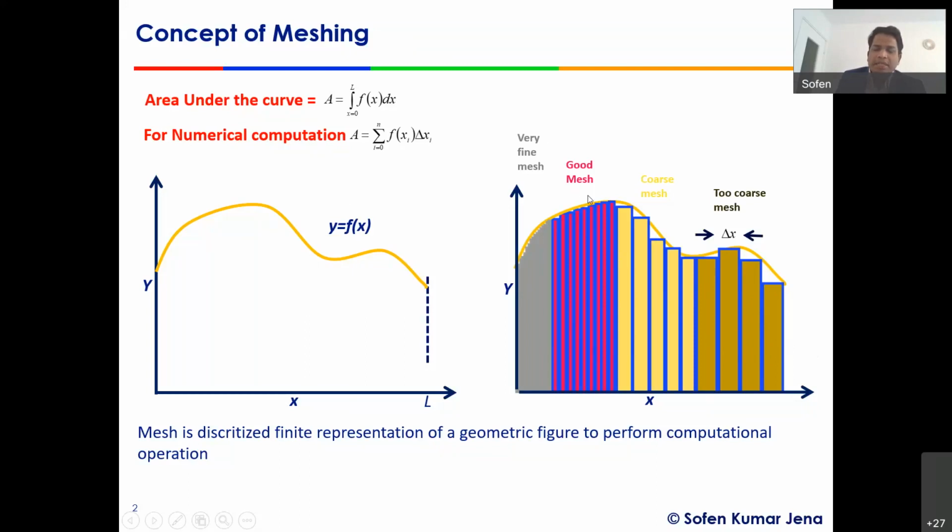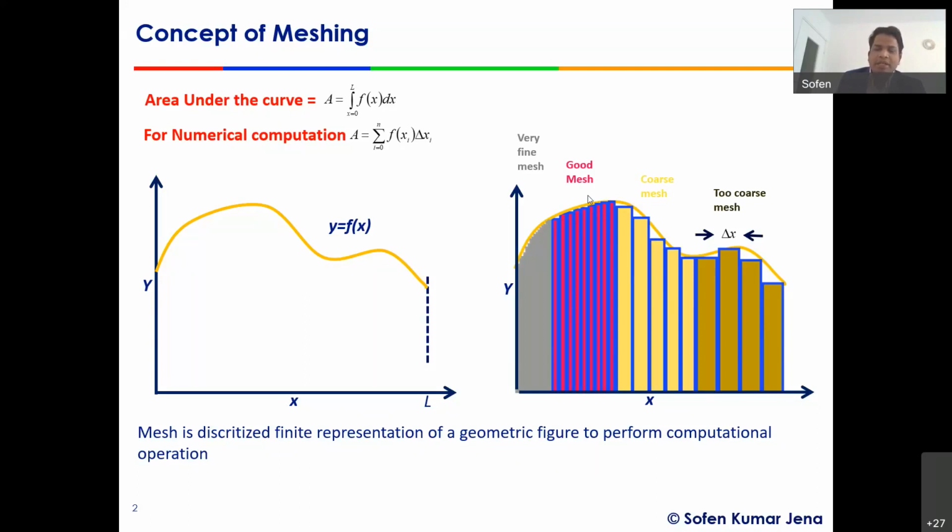The concept of meshing is very similar. The method is called the finite volume method. What exactly is the word finite volume telling? When you derive any governing equation in fluid mechanics or mathematical continuum mechanics, you assume the limit delta x tends to 0, delta y tends to 0, delta z tends to 0.